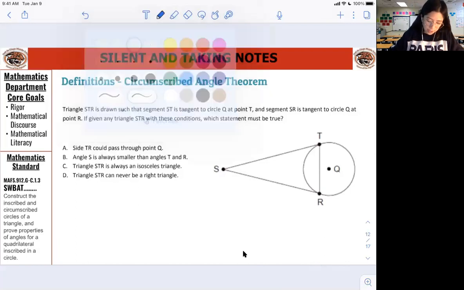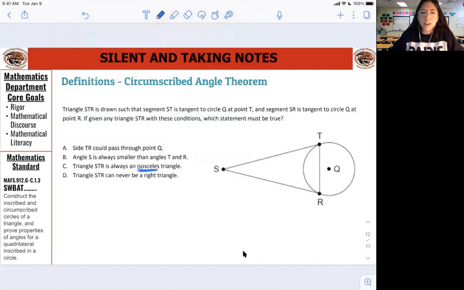Answer choice C is telling me that STR is going to be isosceles. What does isosceles mean again? Two congruent sides, at least.